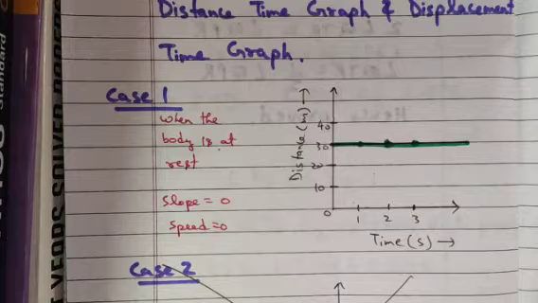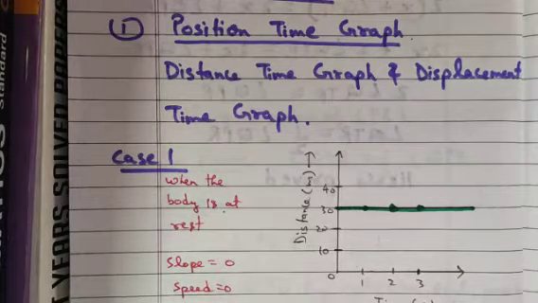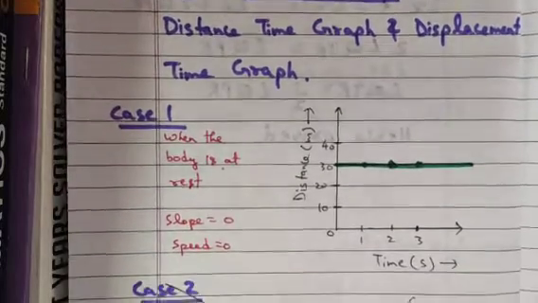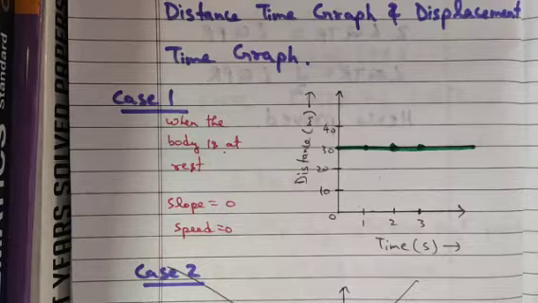Here, if we talk about the position time graph, that is the distance time graph and displacement time graph, time will be the independent variable and distance or displacement will be the dependent variable. So time will be kept on the x-axis. First we will study the different types of position time graphs. The first case is when a body is at rest. Then the distance is constant for all the time.